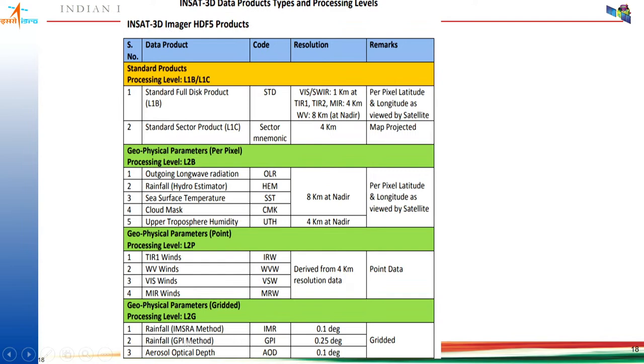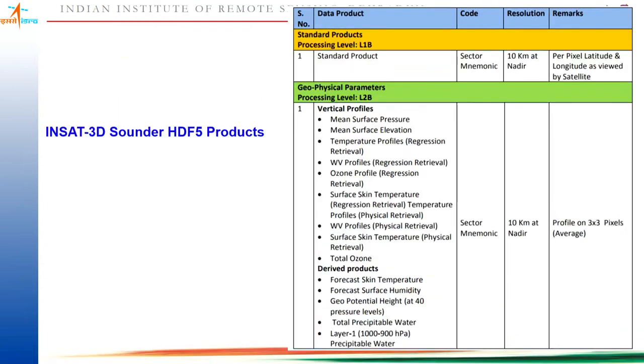So you find GPI, IMSRA, then aerosol also, aerosol optical depth. This gives the aerosol loading, what is the concentration of aerosol in the atmosphere. Then these are the different products. You can see that now this is the vertical profile, that is profiling sounders.